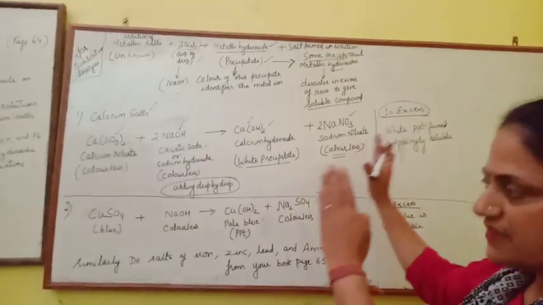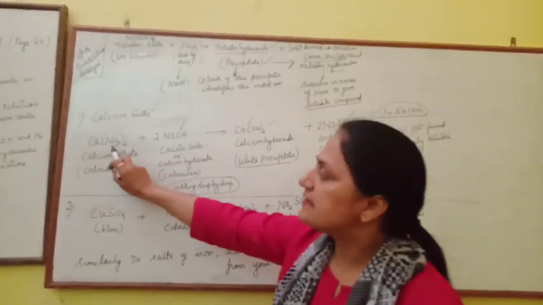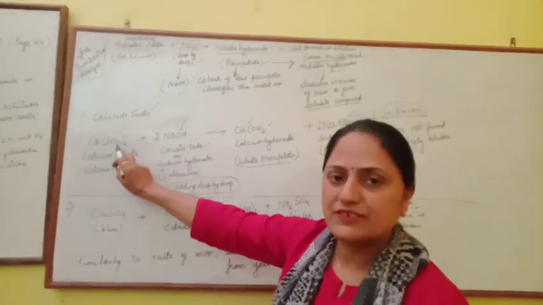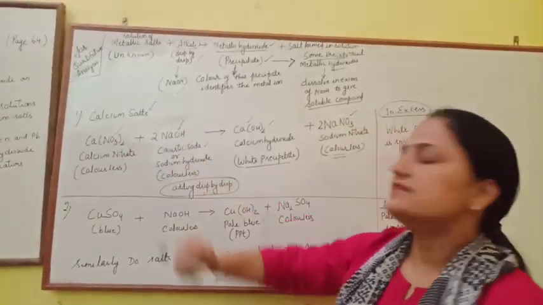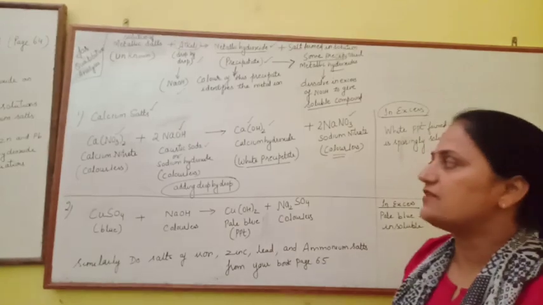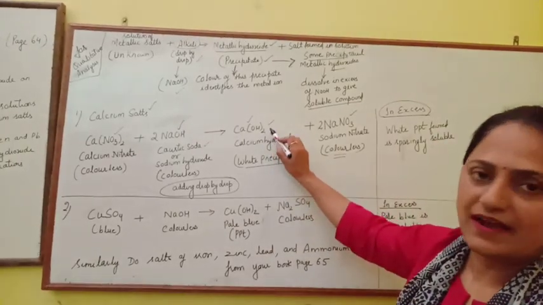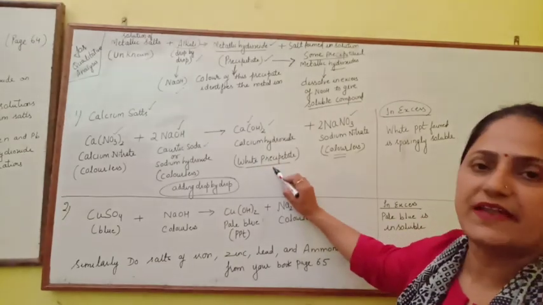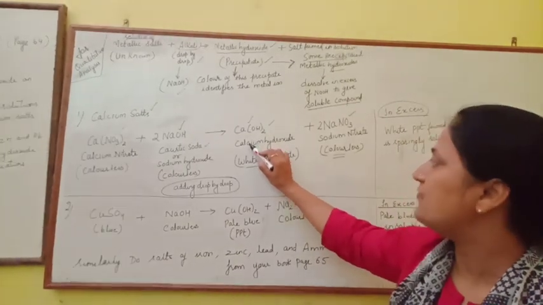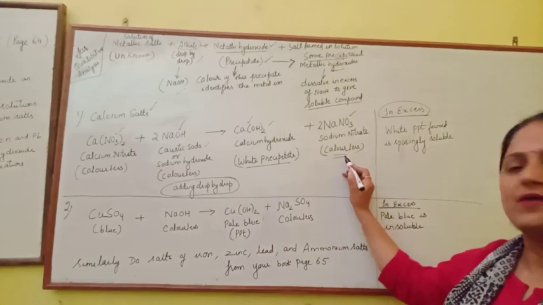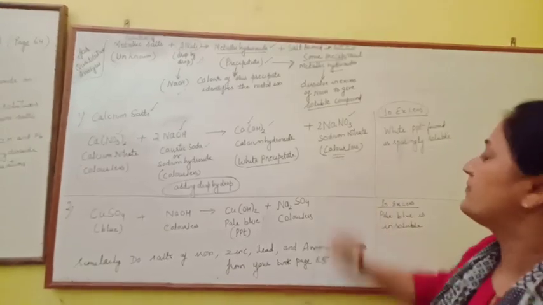So the final reaction I am repeating: when calcium nitrate, the salt of calcium, reacts with sodium hydroxide or alkali, it gives a white precipitate of calcium hydroxide, and also sodium nitrate solution is formed.